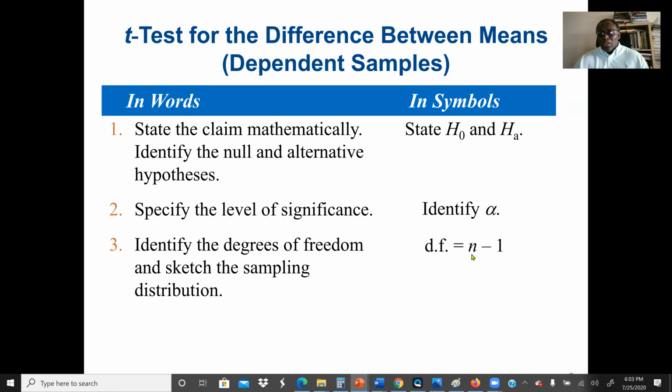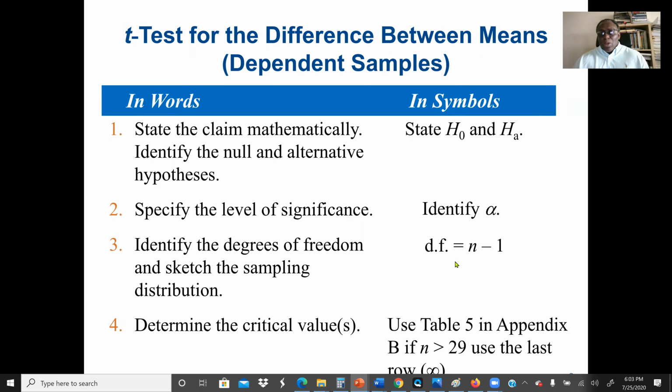In this case, it will be the number of pairs of the sample values minus 1. Then after that, we are going to sketch our distribution, for us to determine the critical values.